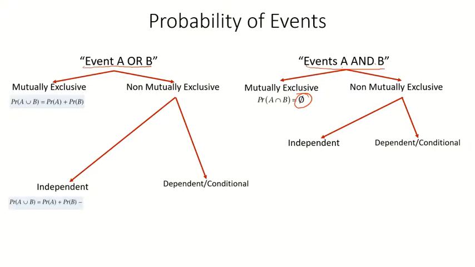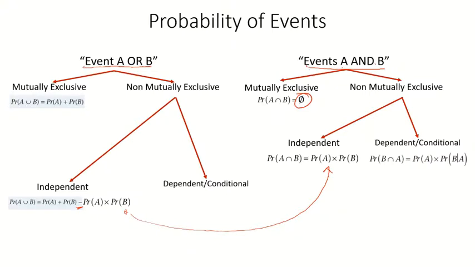You need to subtract the part wherein both of them may happen at the same time. And that's the formula here. Now, in dependent or conditional probabilities, as we just talked about extensively a while ago, this is the formula. And to go back to the or rule, that's what you have to subtract from what you just added. So this is a summary of the different probability events and the rules that govern each of them.